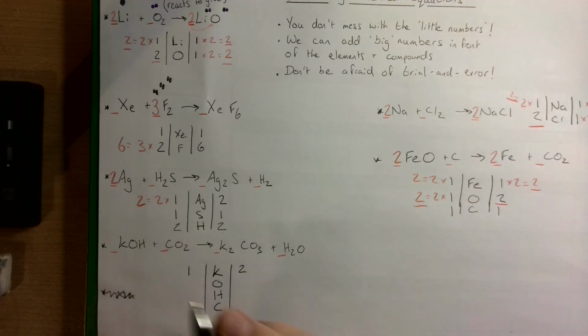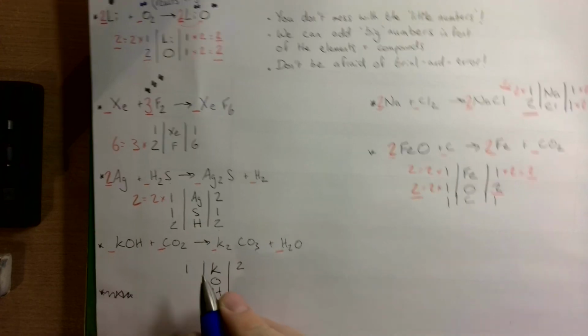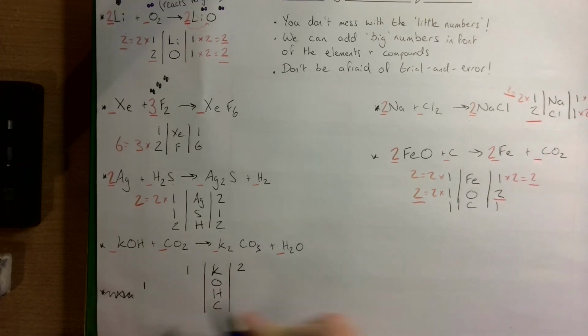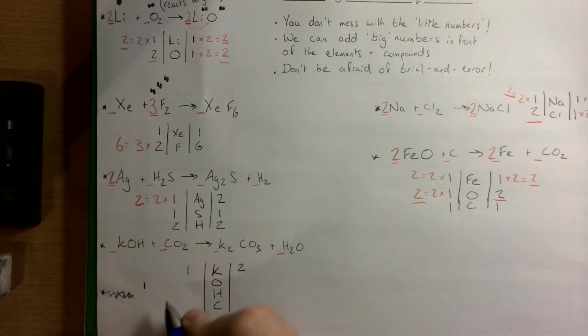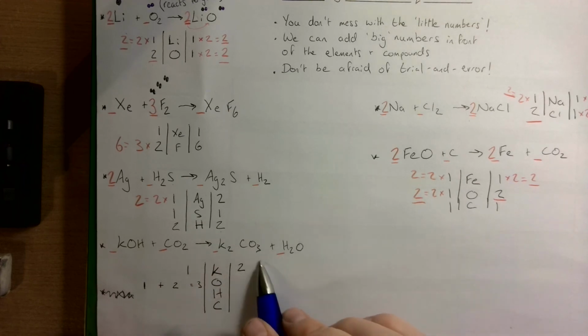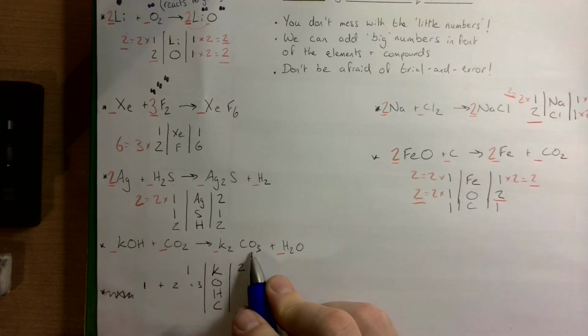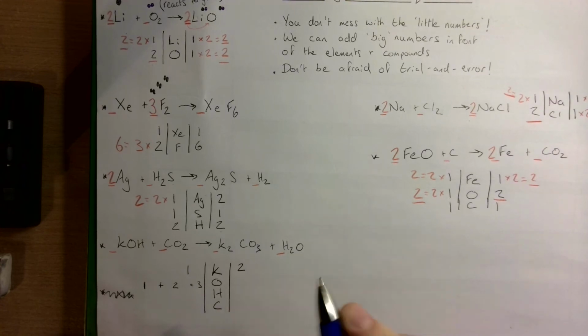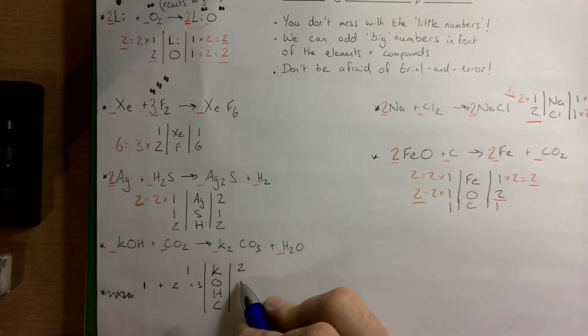So the oxygen on the left that we'll have to look at is we've got 1 over here, but we've also got 2 over there. So we've got 1 plus 2, which of course is 3. And over here, we've got 3 plus 1. We've got 3 oxygen there.